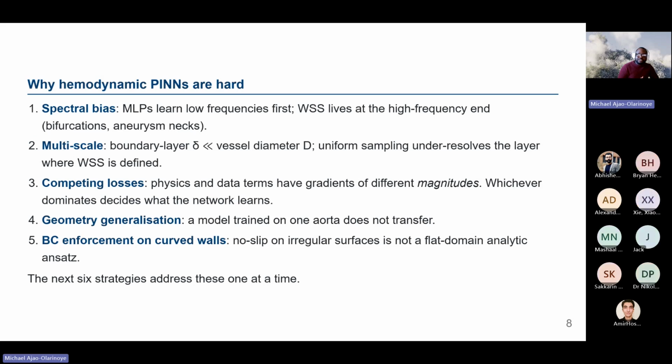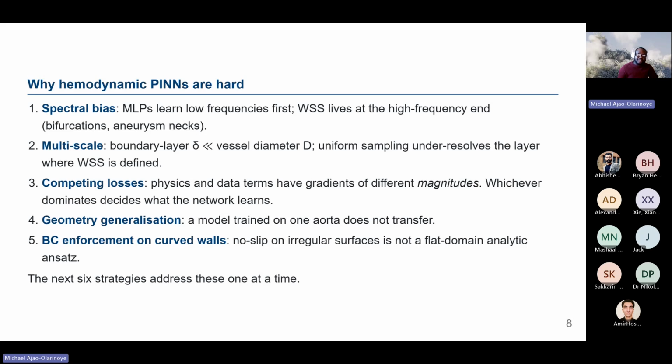Now, it meant that just using a regular MLP sometimes learns the low frequency, and usually wall shear stress lives at the high frequency. So to be able to get the specific data, or the specific sparse points, we need to handle spectral bias, which actually occurs.